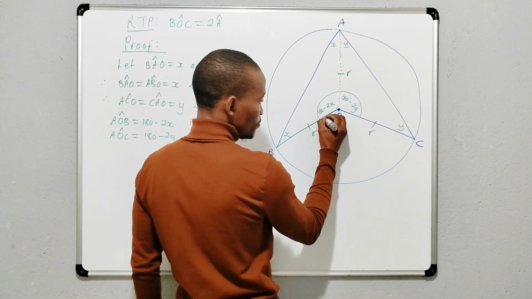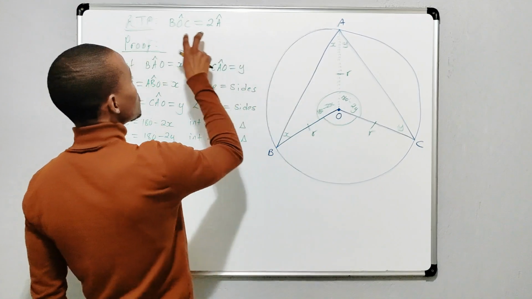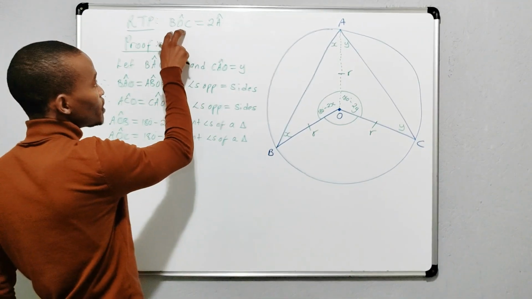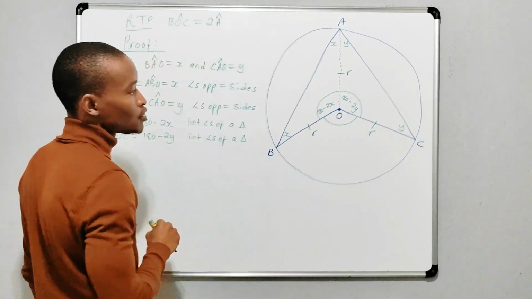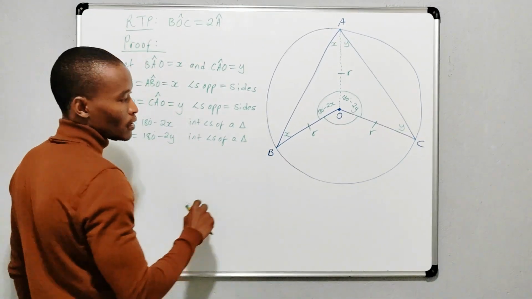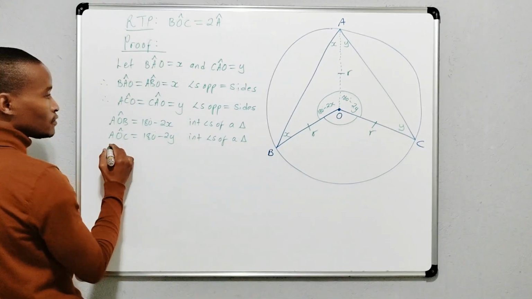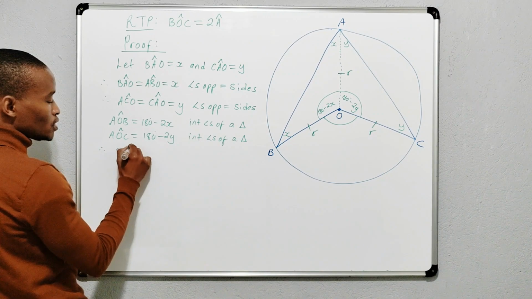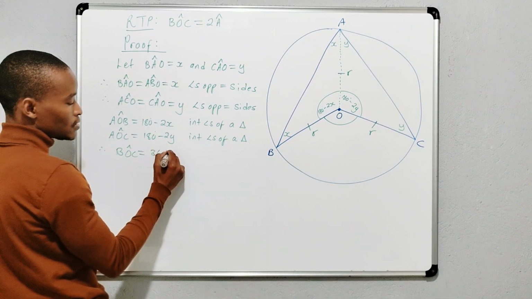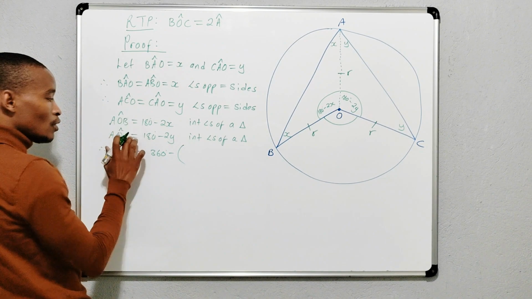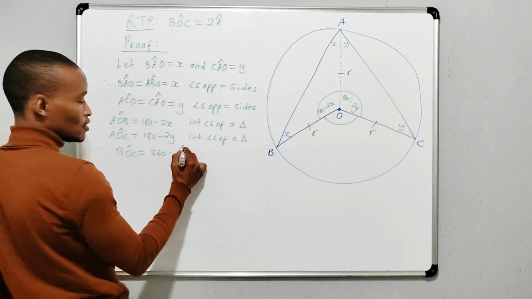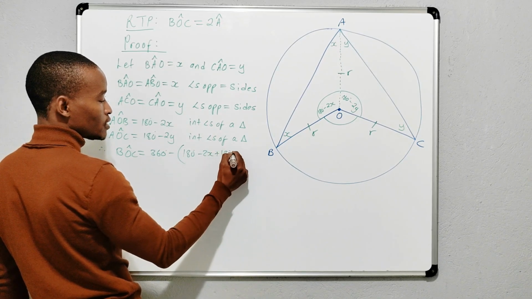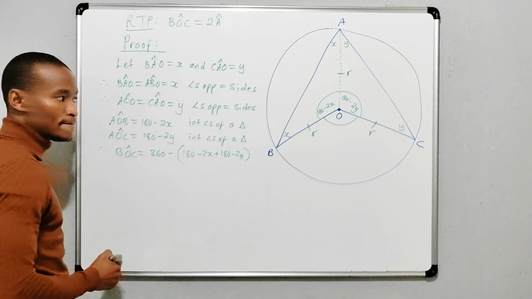Now to find angle BOC, of which we must talk about in our required to prove statement, we need to show that angle BOC is 2 times angle A. So by revolution, we know that angle BOC will be 360 minus what? The sum of these two angles. So 180 degrees minus 2x plus 180 degrees minus 2y.